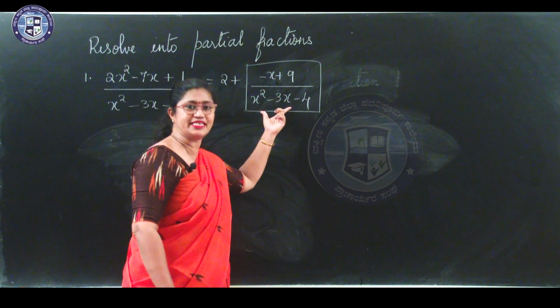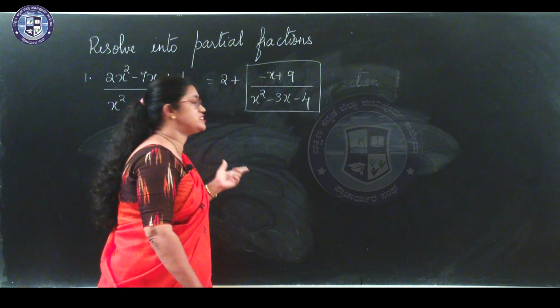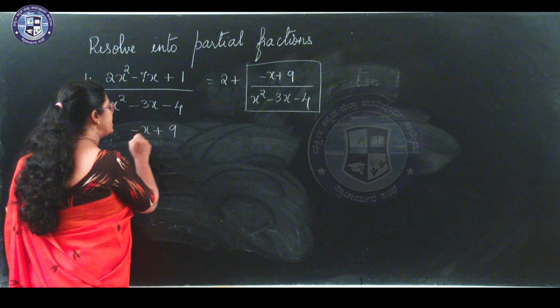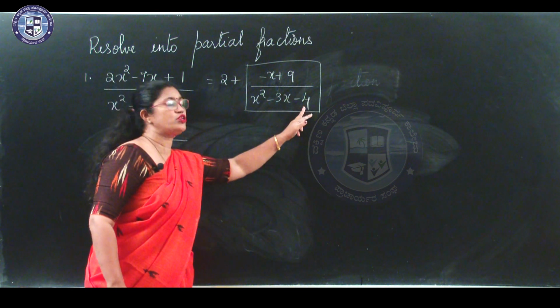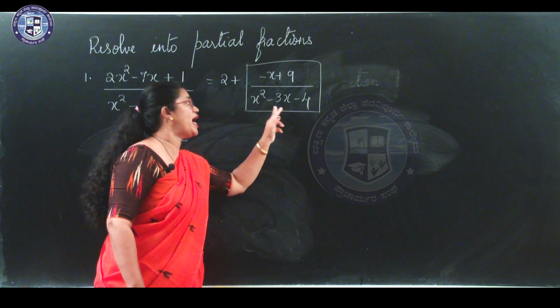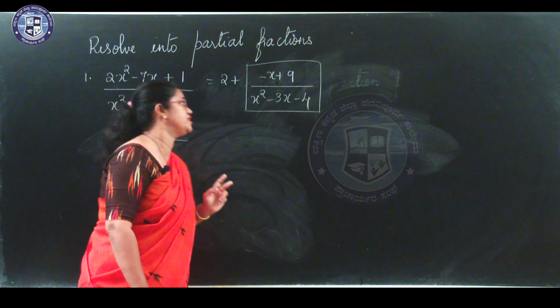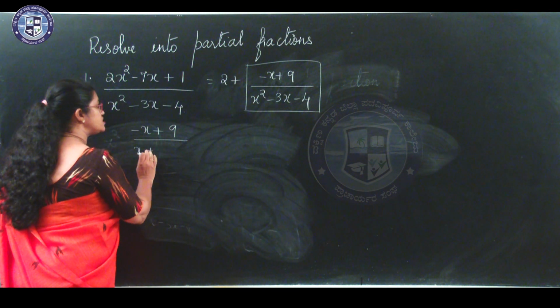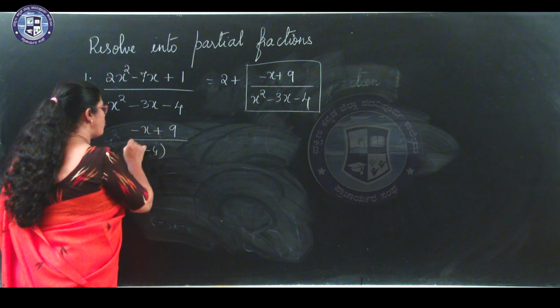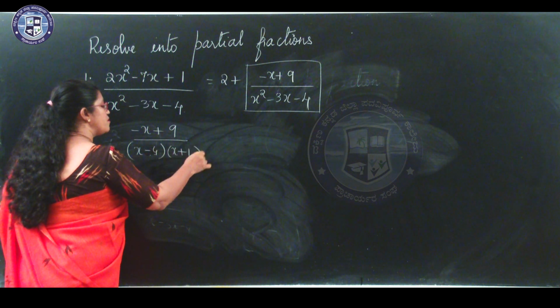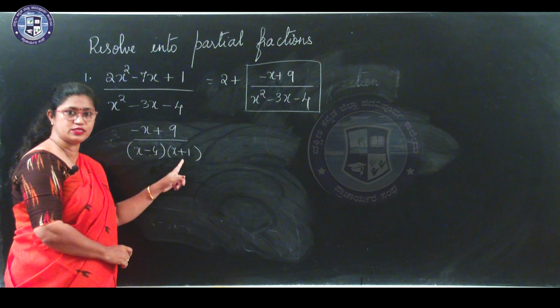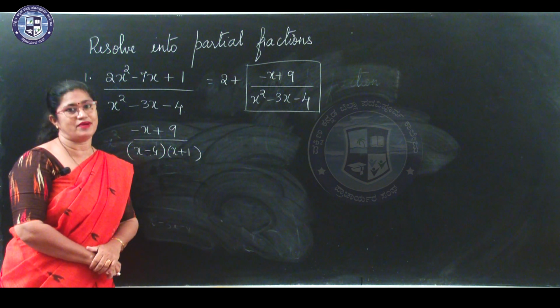The denominator can be factorized into linear factors. So let us factorize it. For the denominator, you know the product should be minus 4 and the sum should be minus 3. So that means the possibility is x minus 4 and x plus 1. When you multiply minus 4 and 1, you will get minus 4, and when you add, you will get minus 3.